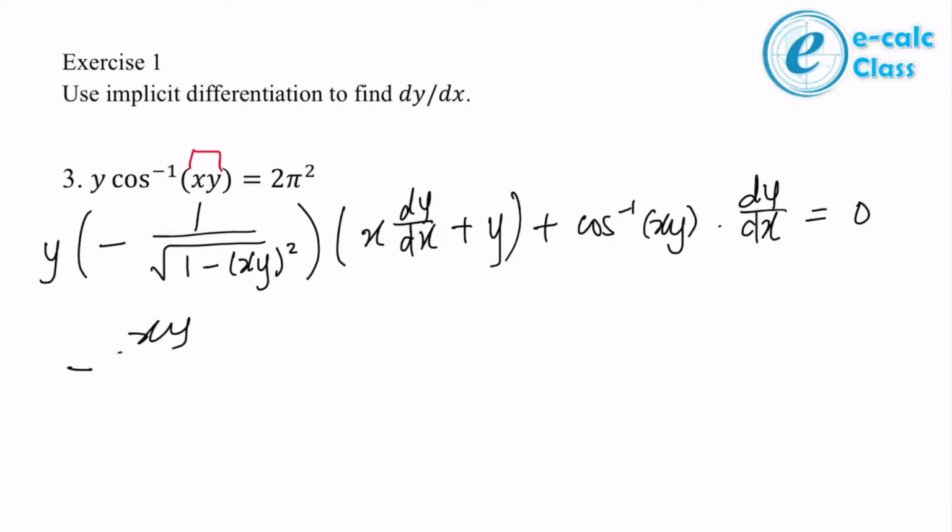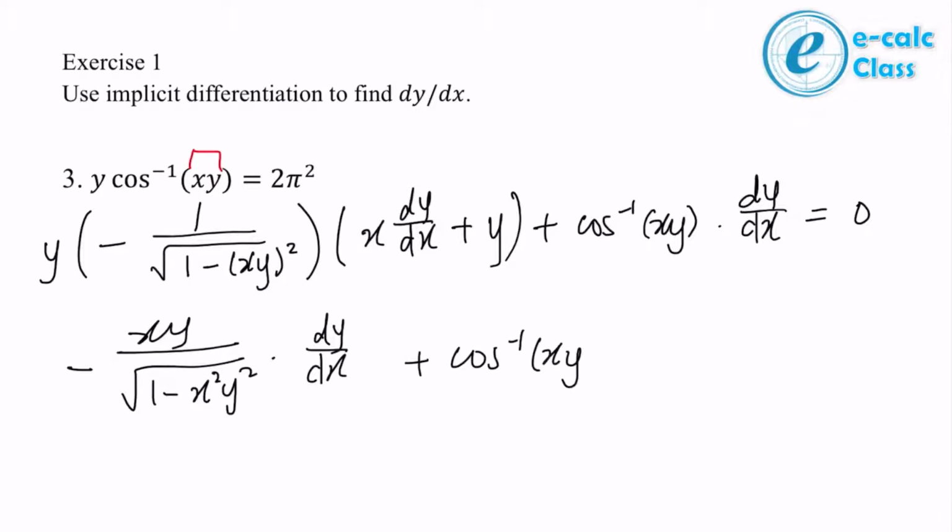Negative xy over square root of 1 minus x squared y squared, then dy/dx, right? Plus cos inverse xy dy/dx. I move this over, yeah?